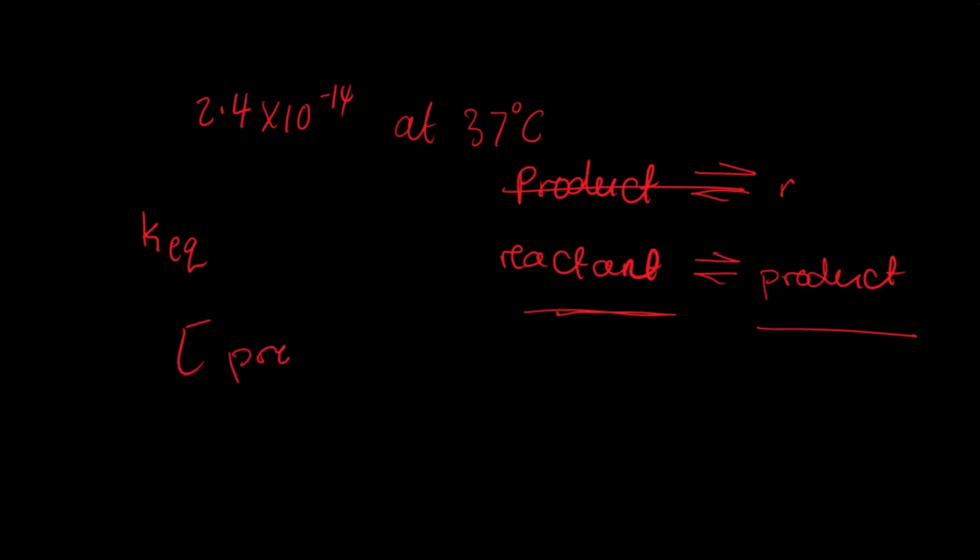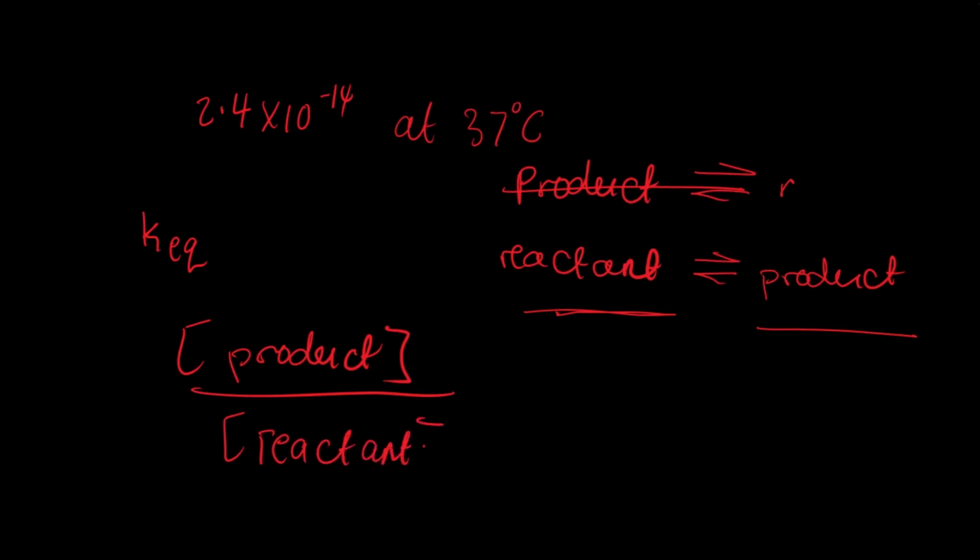So the concentration of reactants and products changes based on temperature, and so the equilibrium constant also changes based on temperature. Now the equilibrium constant of water, as we just saw, is Kw, and is equal to 1 times 10 raised to the power of minus 14 at 25 degrees Celsius.